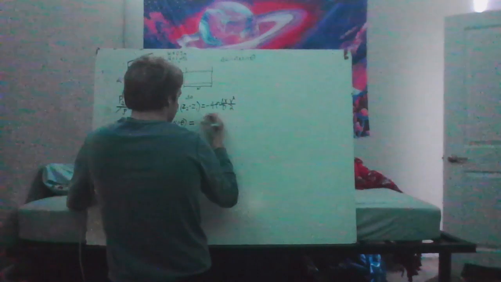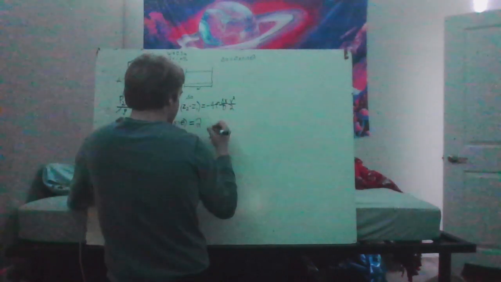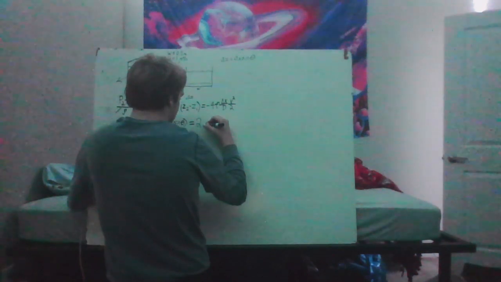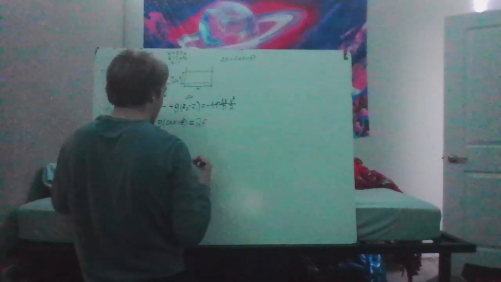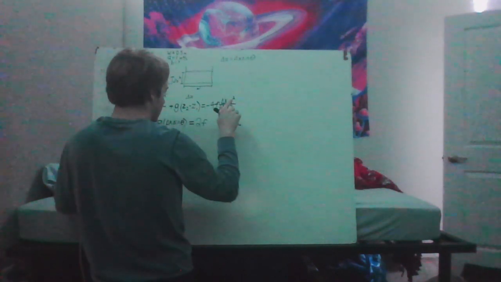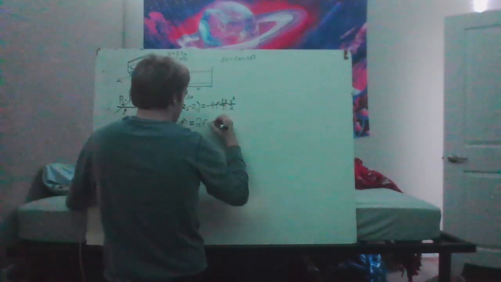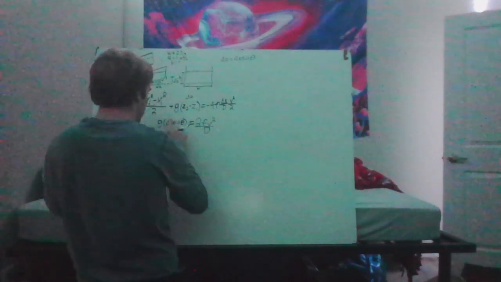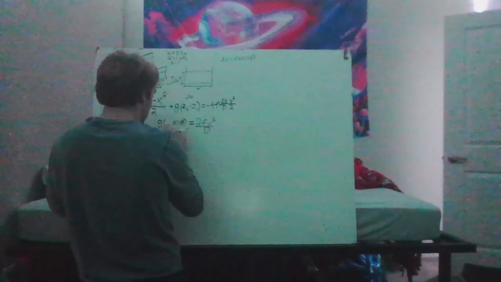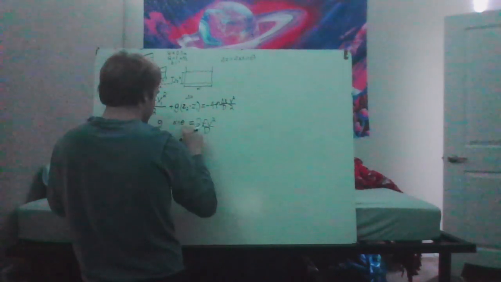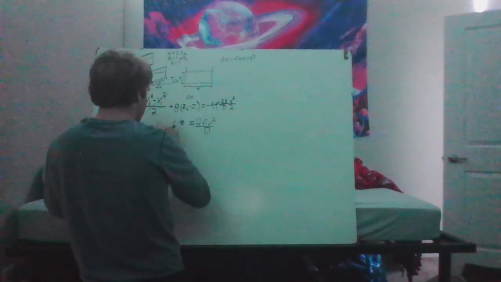So we can actually divide it by 2 as well, make this 2 f. And then our delta x's will cancel. And we'll have v squared over d. And this will just be g sine theta.